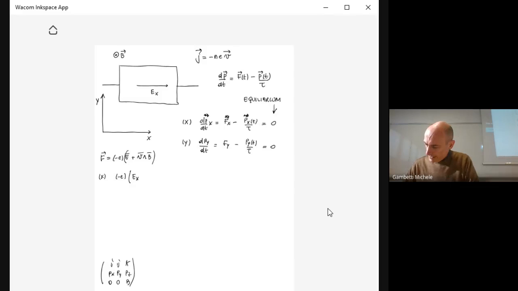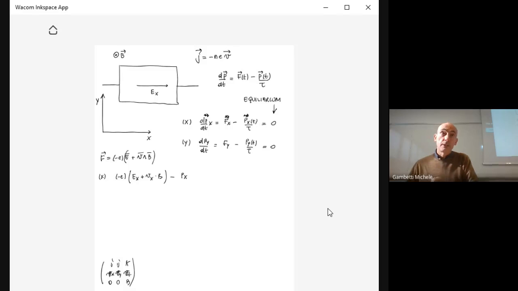So to evaluate the x component, minus px.